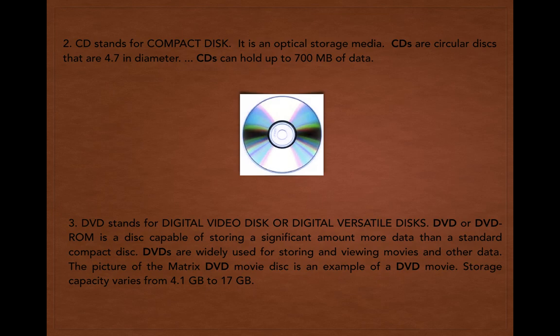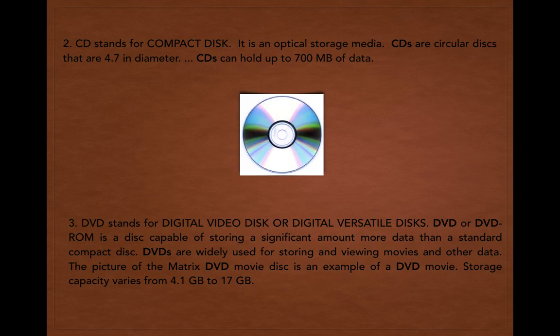Now comes DVD. CD and DVD look the same. They are the same in size, but storage capacity varies. CD is 4.7 inches in diameter. In the same way, DVD is also 4.7 inches in diameter. DVD stands for digital video disc or digital versatile disc, right?